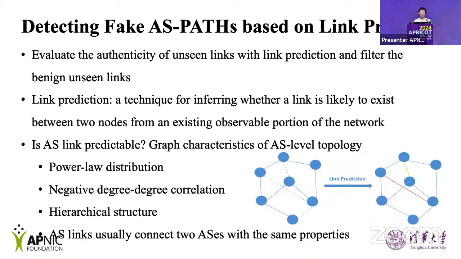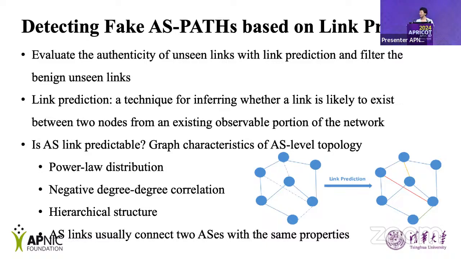So the solution of the platform is to evaluate the authenticity of unseen links with link prediction and filter the benign unseen links. Link prediction is a technique for inferring whether a link is likely to exist between two nodes from an existing observable portion of the network.